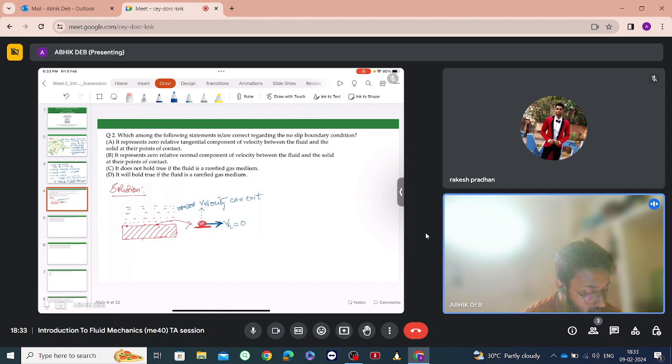Option number A represents zero relative tangential component of velocity between the fluid and the solid at their points of contact. So this is correct.